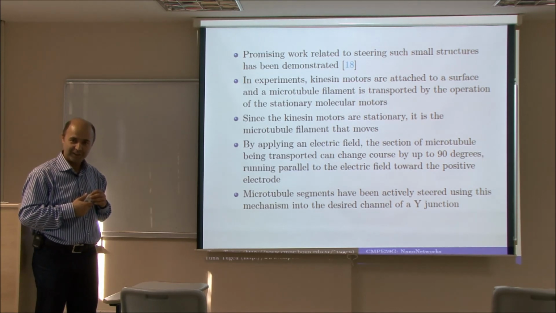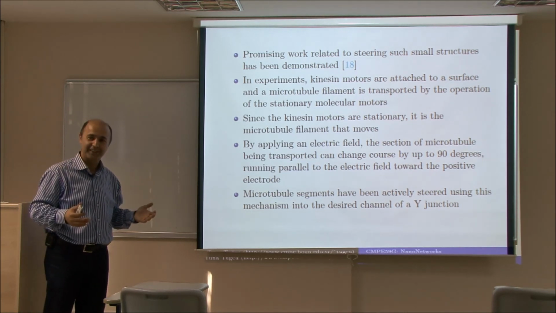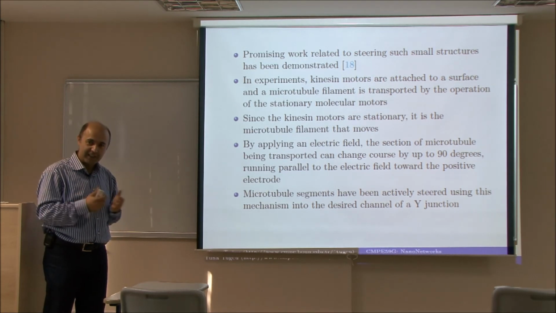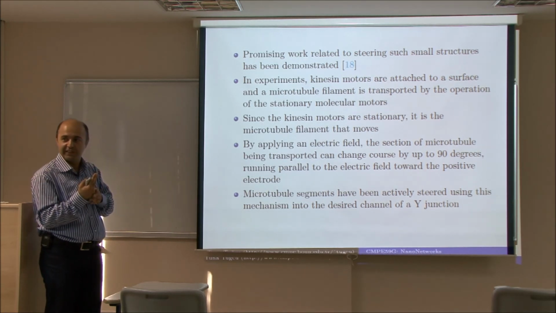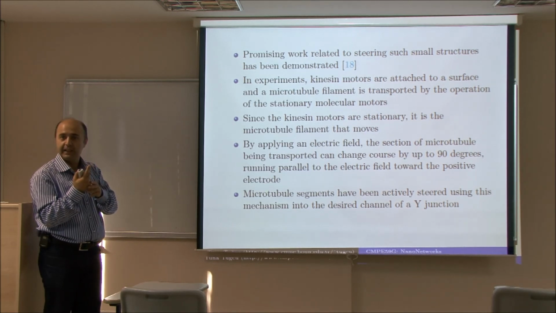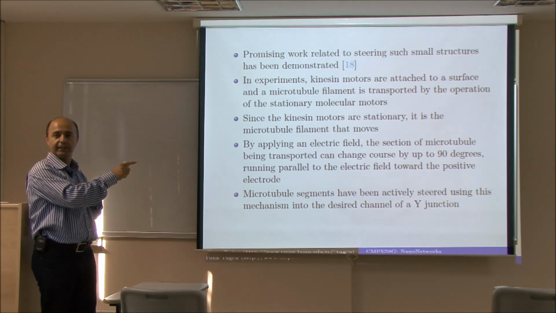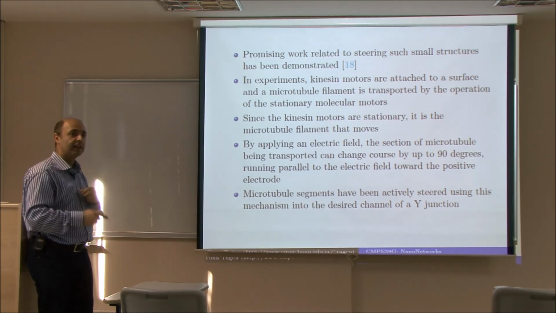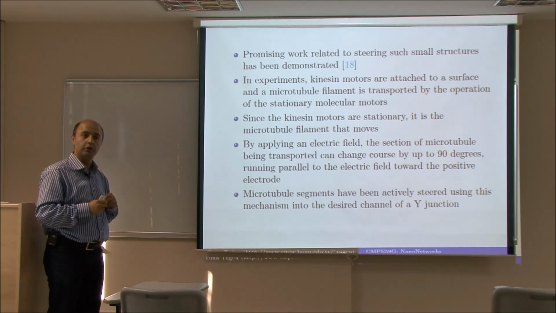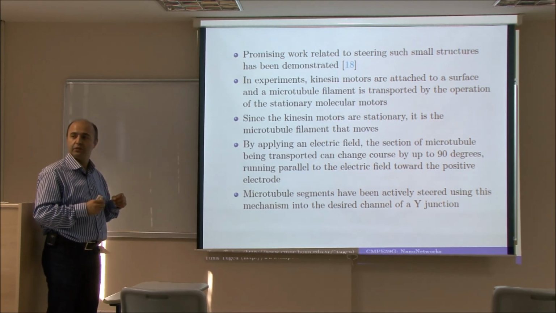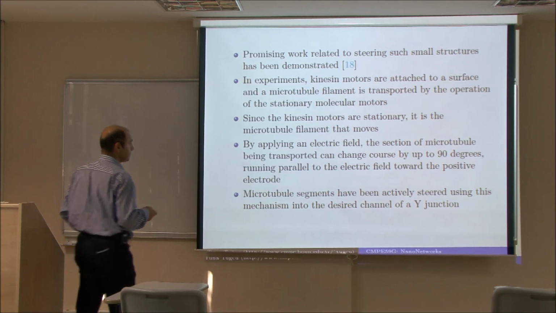And it is possible to control the direction of the operation. This is being done. Since the kinesin motors in this case are stationary, it is the microtubule filament that is actually moving. And by applying an electric field, the section of microtubule being transported can change course by up to 90 degrees.